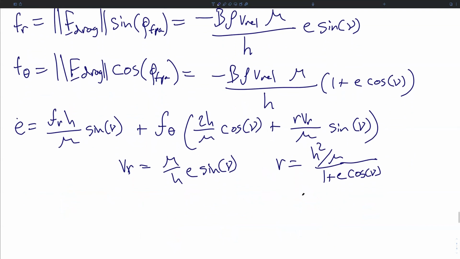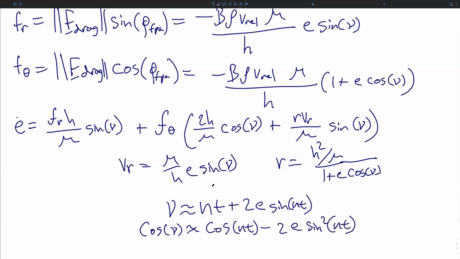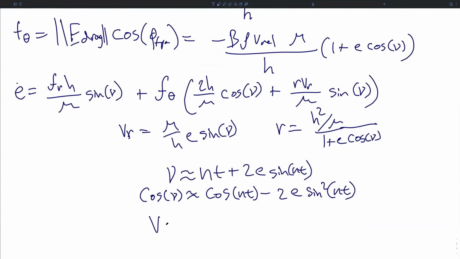And in the case where the eccentricity is small, we can approximate to first order the true anomaly as nt plus 2e sine of nt. And that means that we can approximate the cosine of nu as, and therefore the velocity magnitude can be approximated as the square root of mu over a times the quantity 1 plus e cosine of nt.